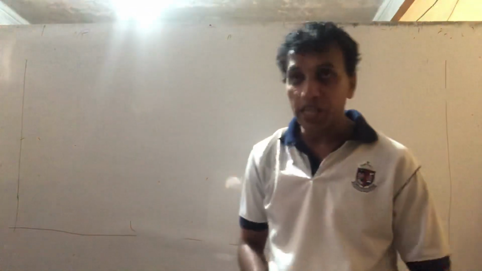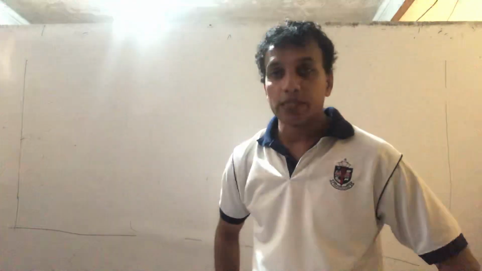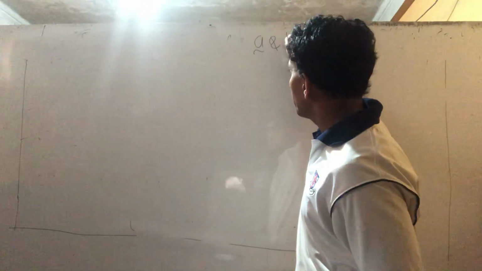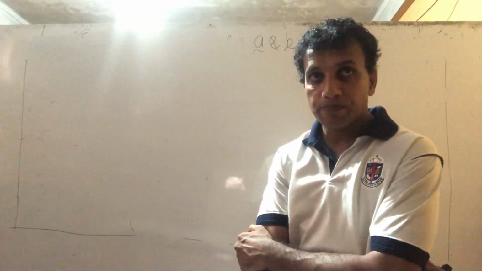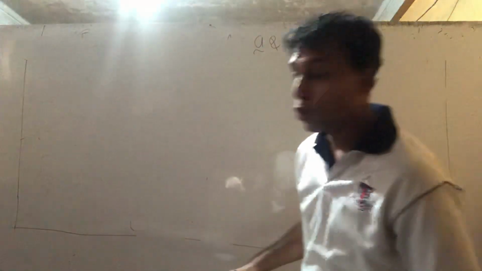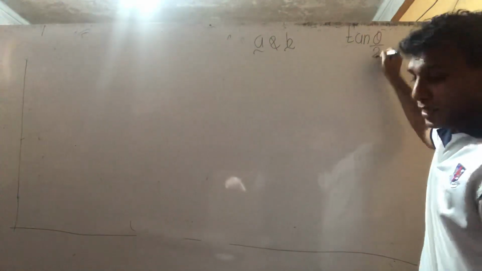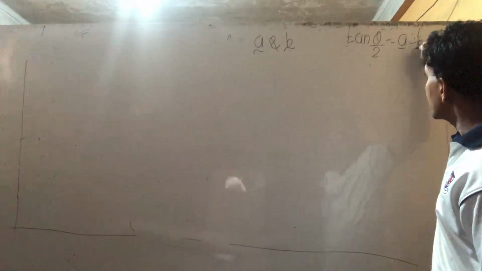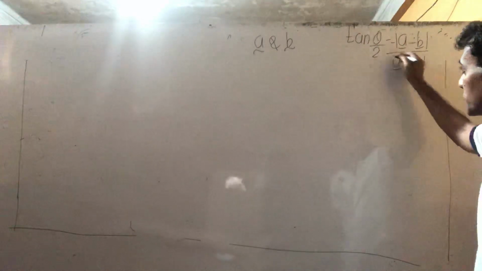If the angle between the unit vectors, vector A and vector B, is theta, show that tan theta by 2 equals modulus of vector A minus vector B over modulus of vector A plus vector B.